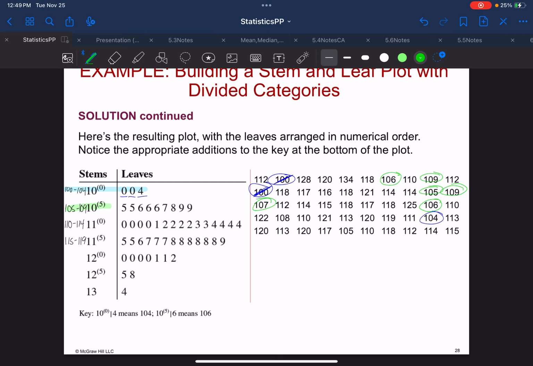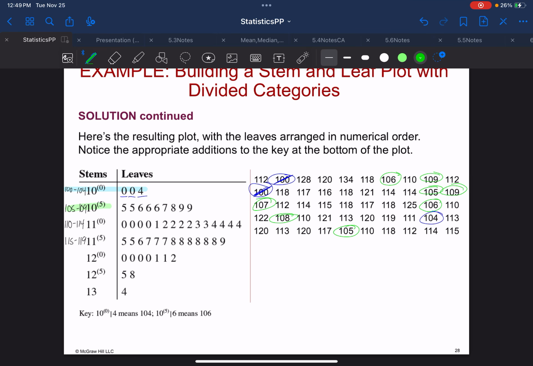And let's see, I have another 105. I feel like I'm still missing one. 108. Okay. I think that's it.